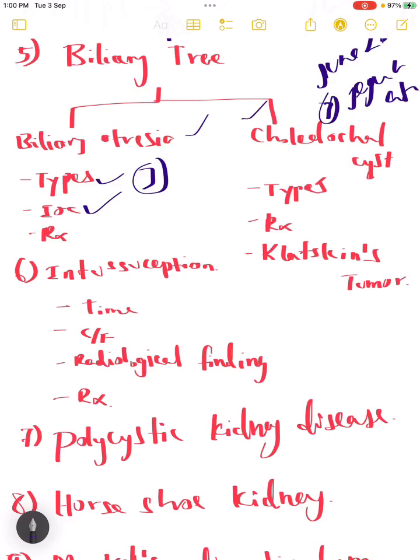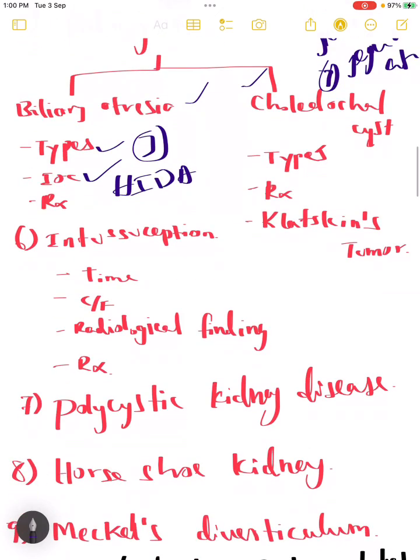For biliary atresia, there are three types only, and the investigation of choice is the HIDA scan. Also know how we do the treatment for biliary atresia. These are the basics and important things from pedia.